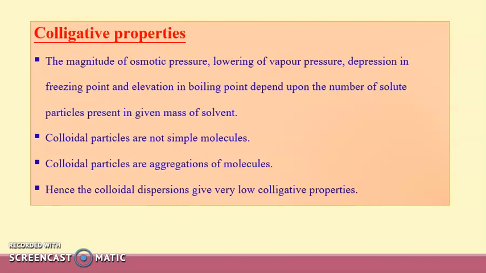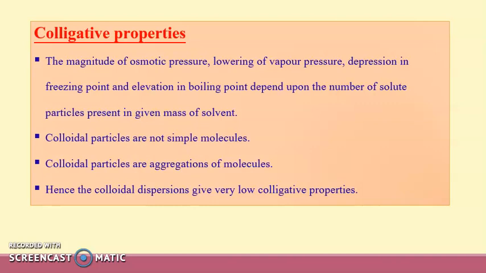Usually for a solution, these colligative properties will depend upon the number of solute particles in the solution. In the case of a colloidal solution, we know the particles are not simply molecules. They are aggregations of molecules.